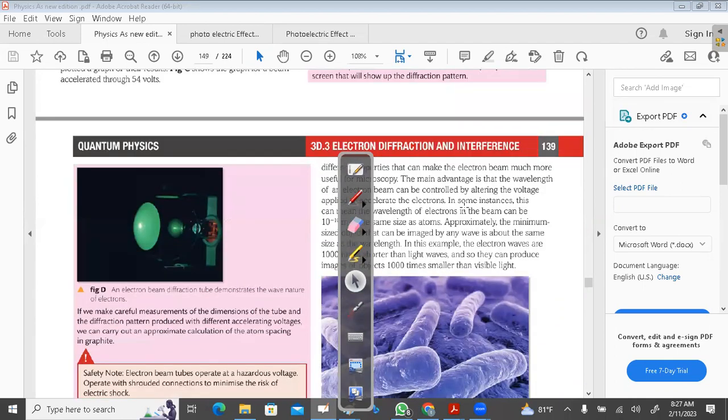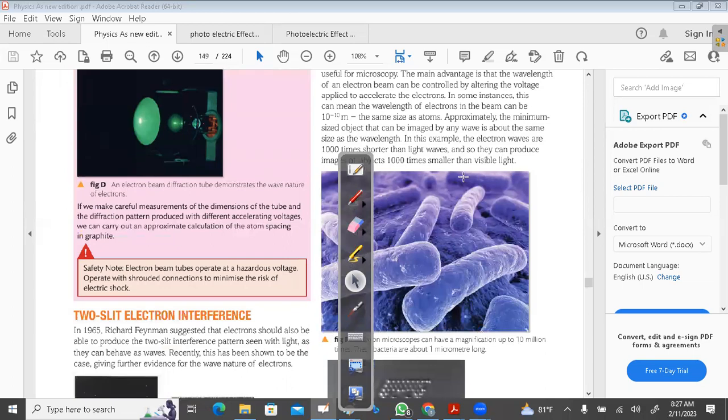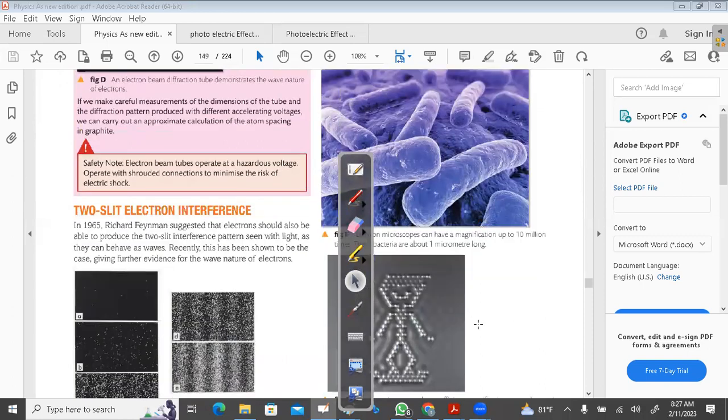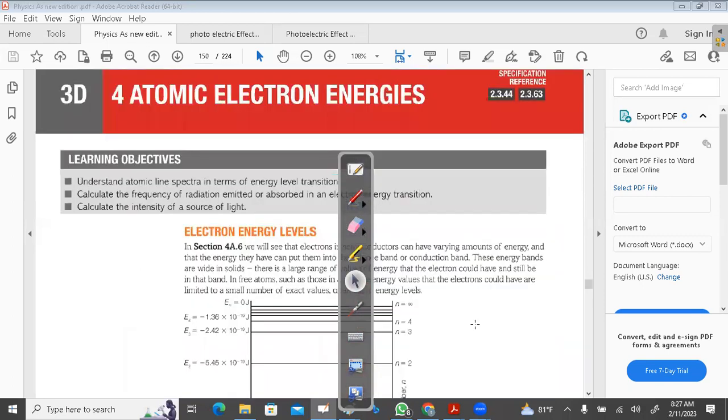I will explain it to you myself even. Then you will get a clear idea why we use electrons instead of regular light, because light has a long wavelength, and how to change the wavelength even. And the last part is the electron energy.